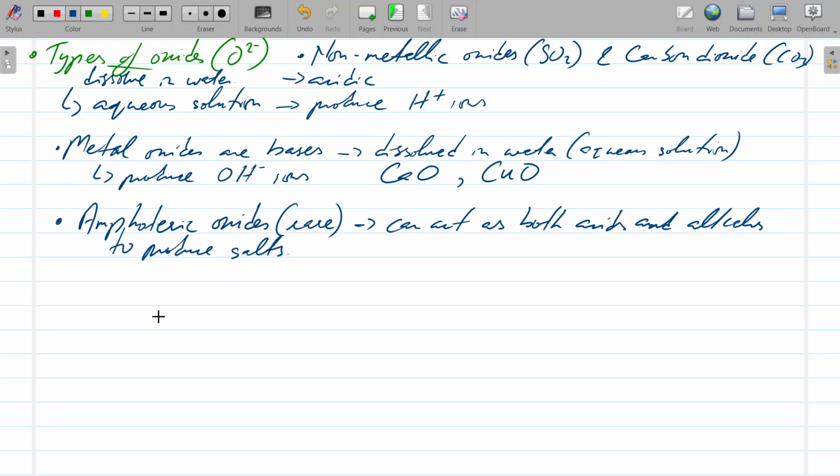And again, we gave the example of zinc oxide and aluminium oxide. Both of those are valid, aluminum and aluminium.